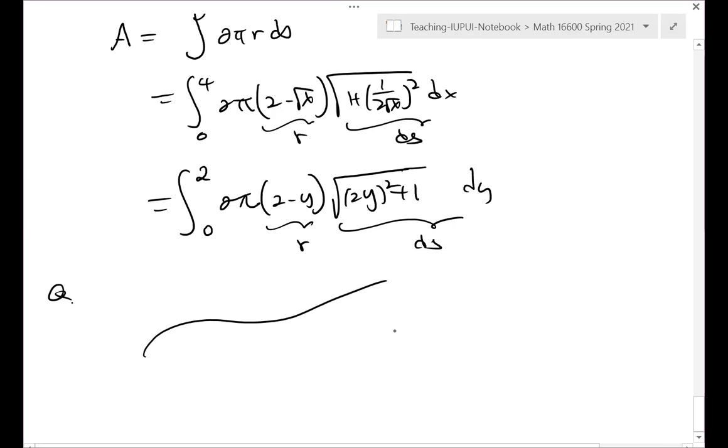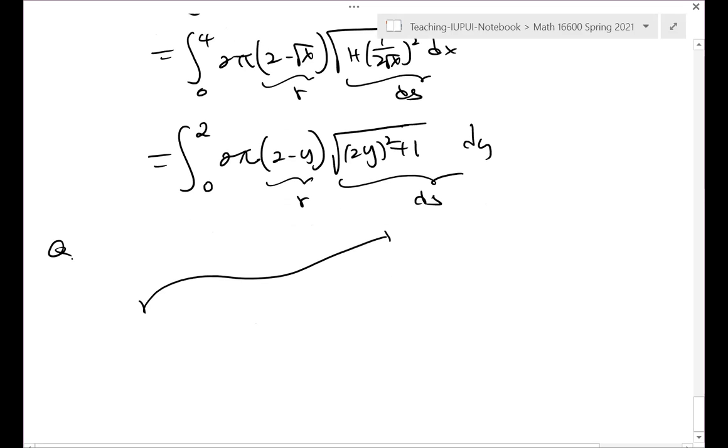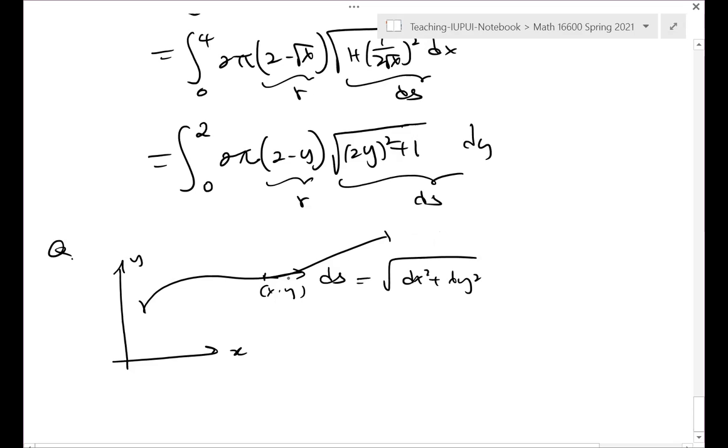So if we have a curve in the xy plane, you take an arbitrary point on the curve. So the so-called ds is going to be the square root of dx squared plus dy squared. If you draw the triangle, that's what you get.